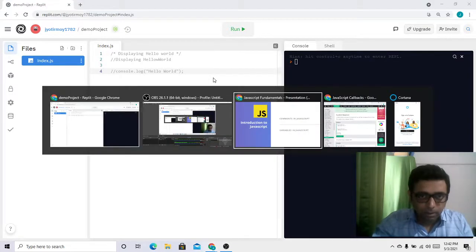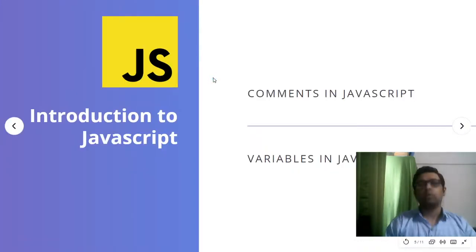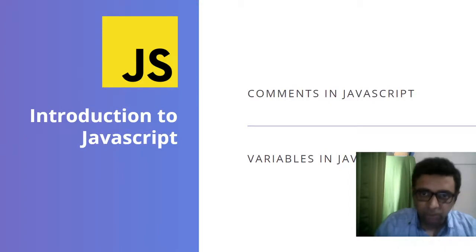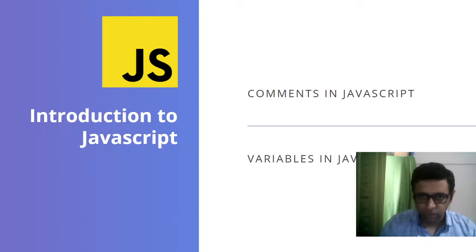Okay, so we can come back to the next part of JavaScript, which is variables in JavaScript. So friends, what is a variable in any programming language? A variable is basically a place or a container where we can store a value. Every variable has a name.